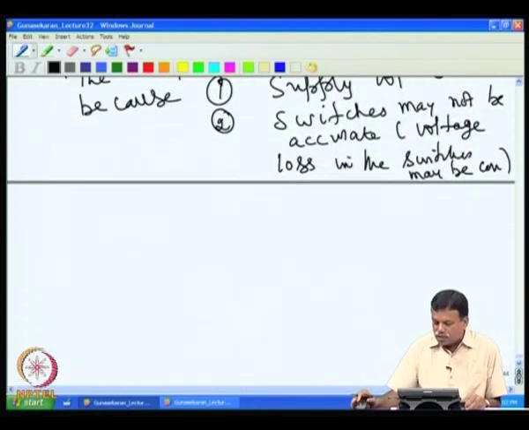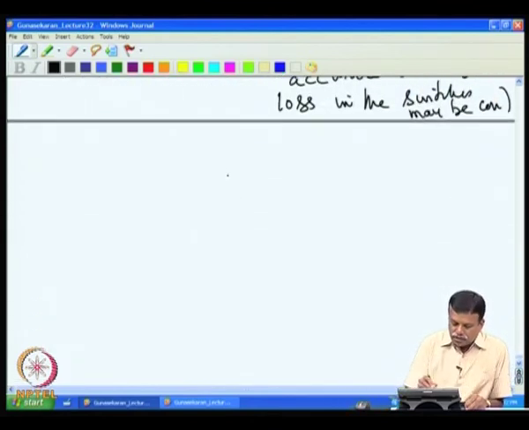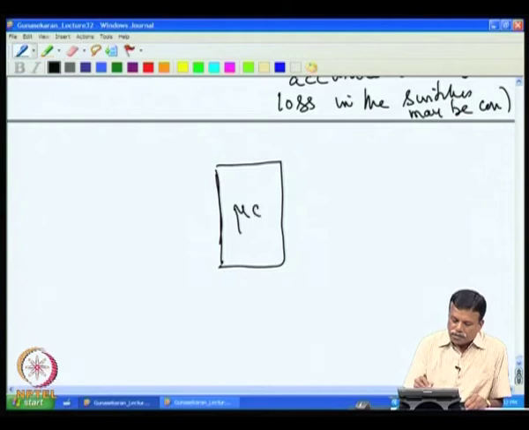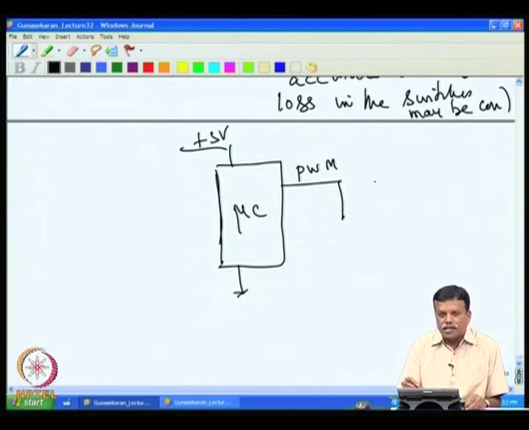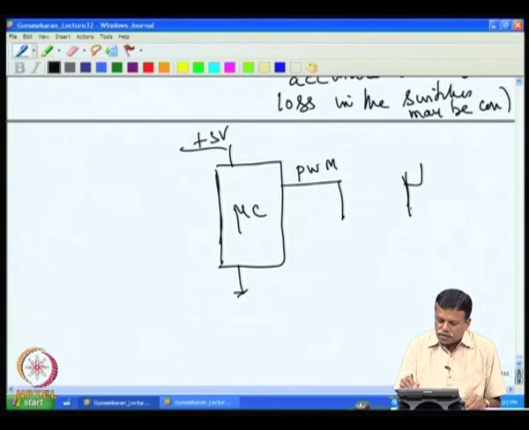One way of improving this would be to have switches connected with the PWM output. We have a microcontroller and plus 5 volt. The PWM output can be suitably scaled using FET switches at the output.